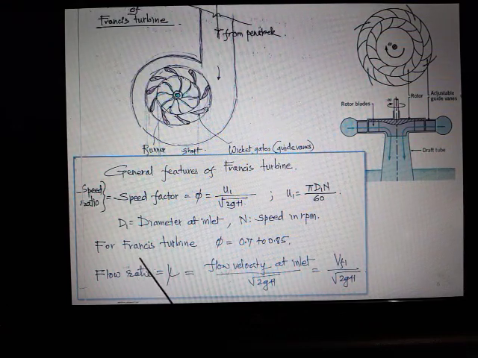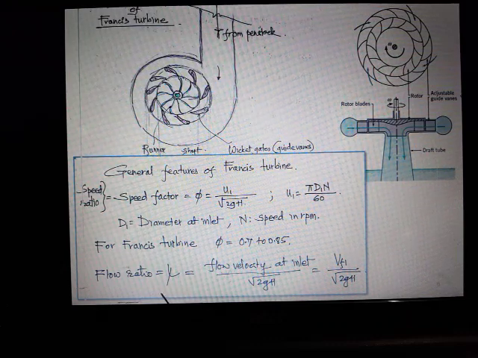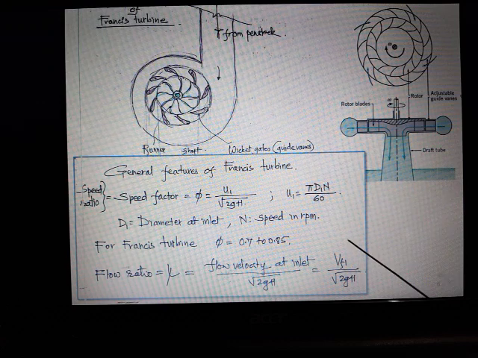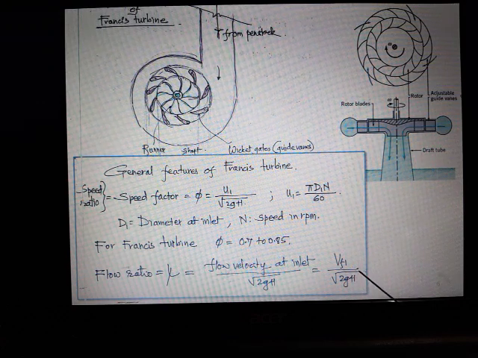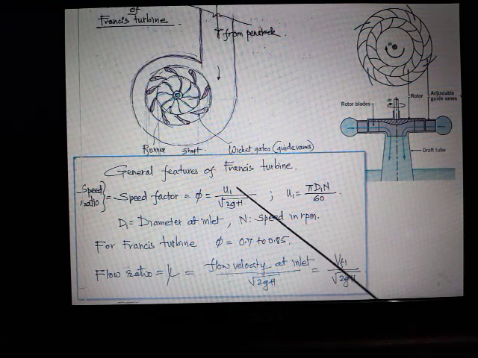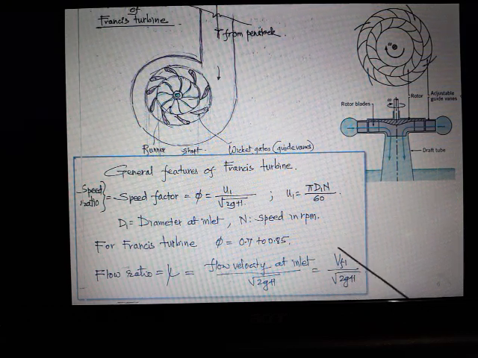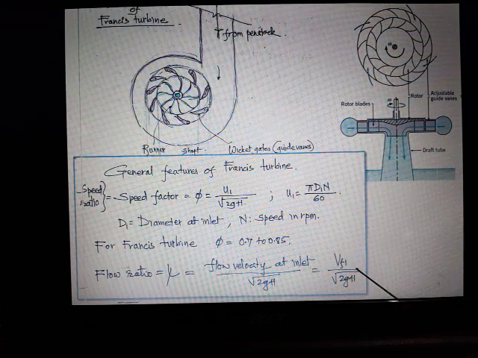Now, as there is a speed ratio, there is one more definition, flow ratio, represented by psi, and this is the ratio of velocity of flow to root 2 gh. So root 2 gh is there in both the cases in the denominator. If it is a speed ratio, it is the speed of the blade of the runner. If it is a flow ratio, it is the velocity of flow.